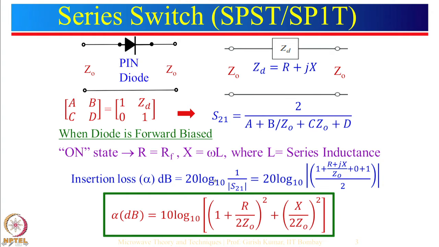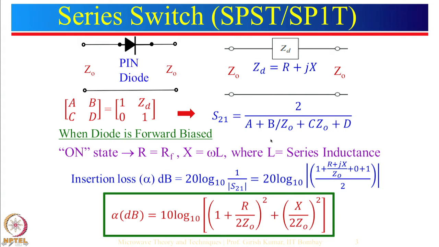So when we take 1 over S21, insertion loss will be a positive number. Generally speaking, we say insertion loss is 1 dB or 2 dB. We don't write minus 1 dB or minus 2 dB. Since S21 has a negative dB value, 1 over this will have a positive insertion loss.